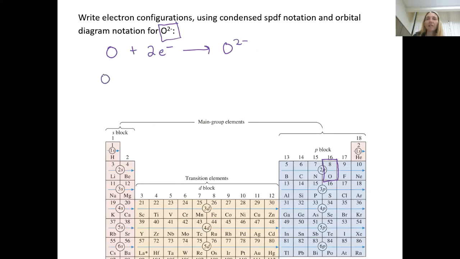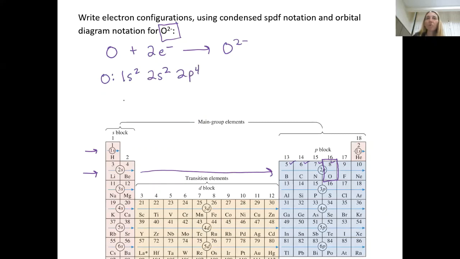And I kind of like to think of it as the neutral atom first, and then I add my extra electrons in. So I have 1s2, 2s2, 2p, 1, 2, 3, 4.